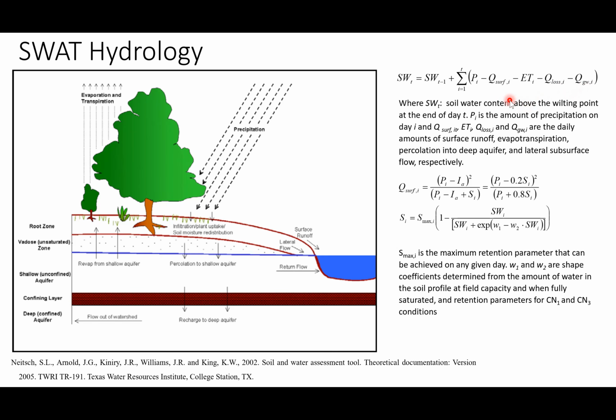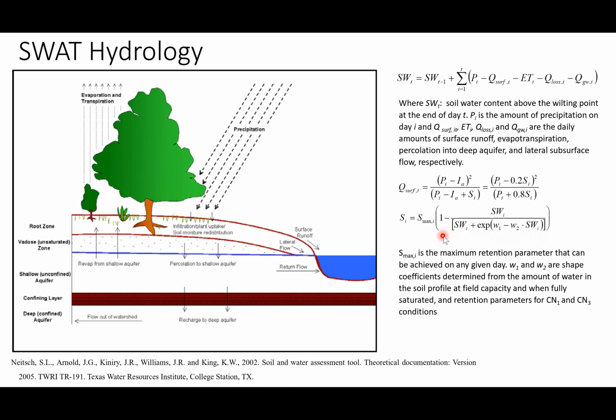And for the surface runoff, it uses the curve number equations. This is the main curve number equation, but the difference between the curve number equation used here and in any other model, especially HMS, is that this S, which is the maximum soil retention, is calculated by using the soil water profile.